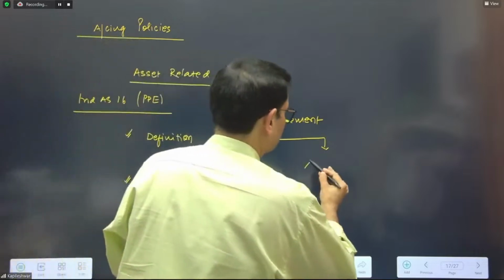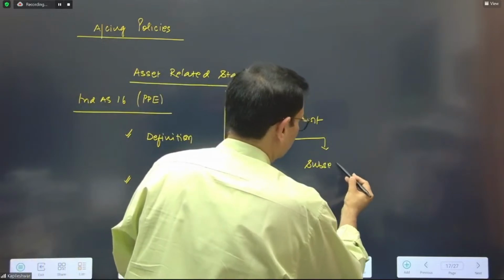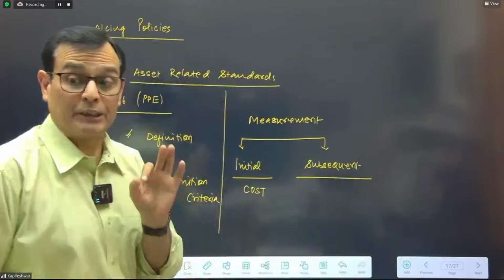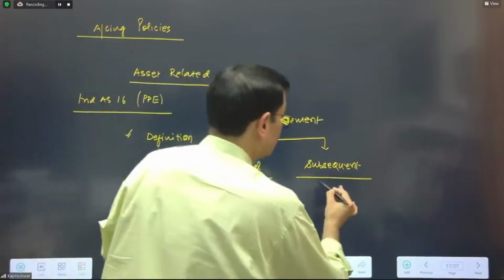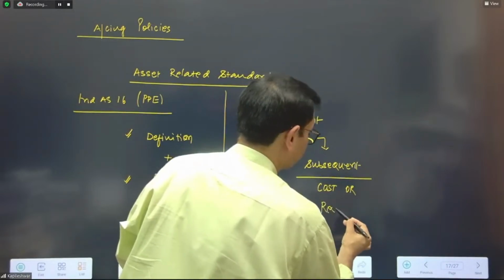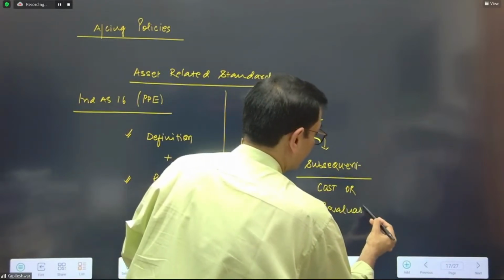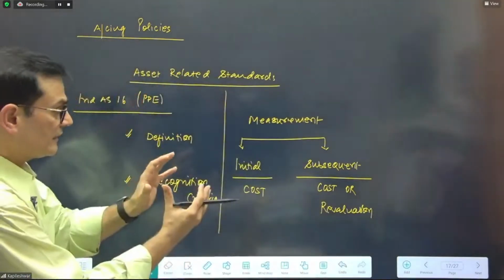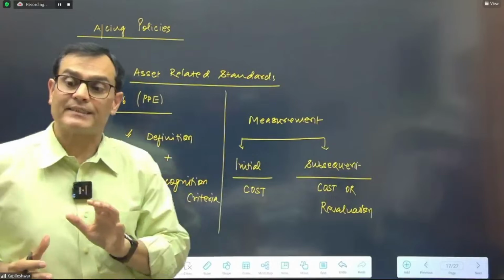In terms of the subsequent measurement, it is taken at cost or a revaluation model. I'm just trying to remind you of what you've done at the intermediate level. So you first decide, can it be shown as an asset in the balance sheet?